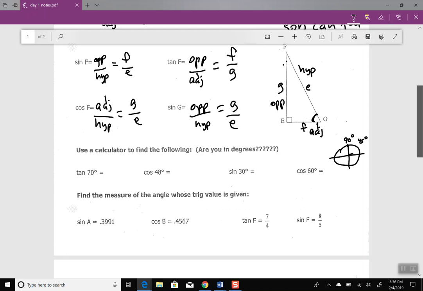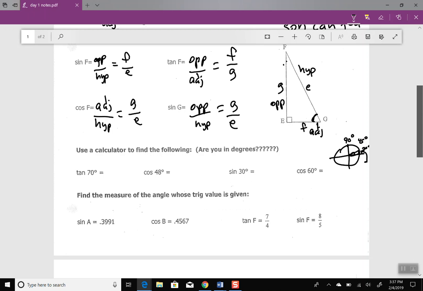So I'm trying to make a triangle where the angle is about 30 degrees. So somewhere around here would be 30 degrees. I want to know what the sine is. Well, sine, we remember, is that y value. So I want to know what would be the y value for a triangle that has 30 degrees. So that opposite side, but remember the hypotenuse is 1.